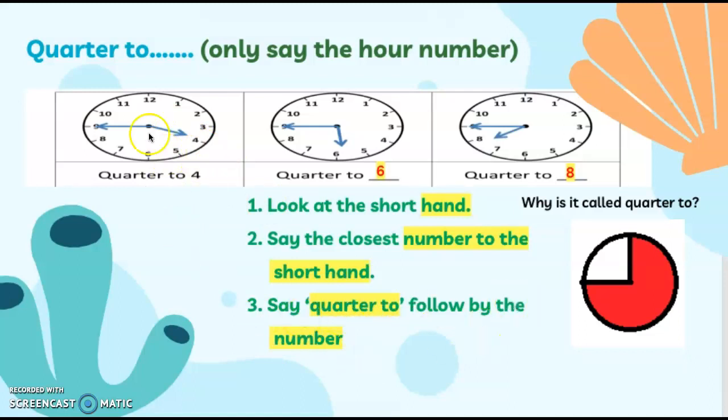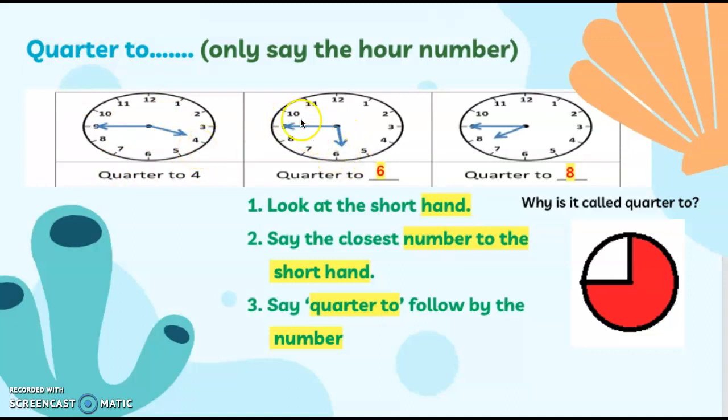For example, this one, quarter to. It has not reached 4, but another quarter it will reach 4. Why is it called quarter to? Because you just need another quarter to make a complete circle. So that's why we call it quarter to. This one, quarter to 4, it's going to be 4 o'clock.